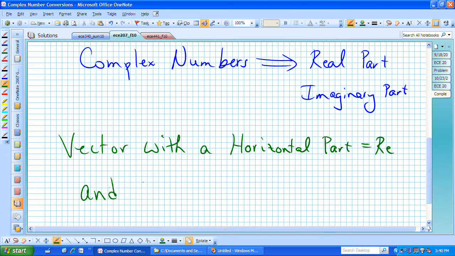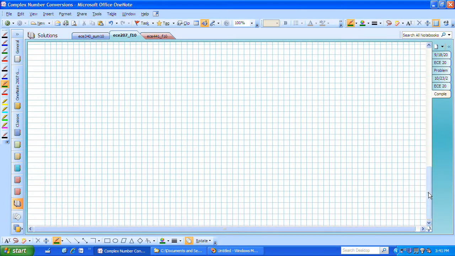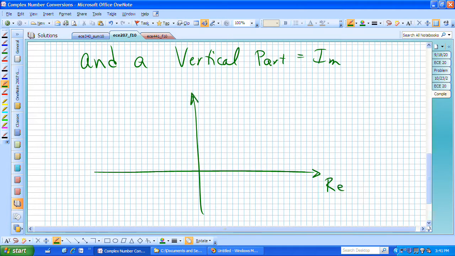Our vector in general has two directions to it. If we decompose it into these orthogonal directions, we have the horizontal part, and then we also have the vertical part, and we'll call that the imaginary part of our complex number. We are now able to sketch that in this complex plane. Here's our real axis. Here is our imaginary axis.